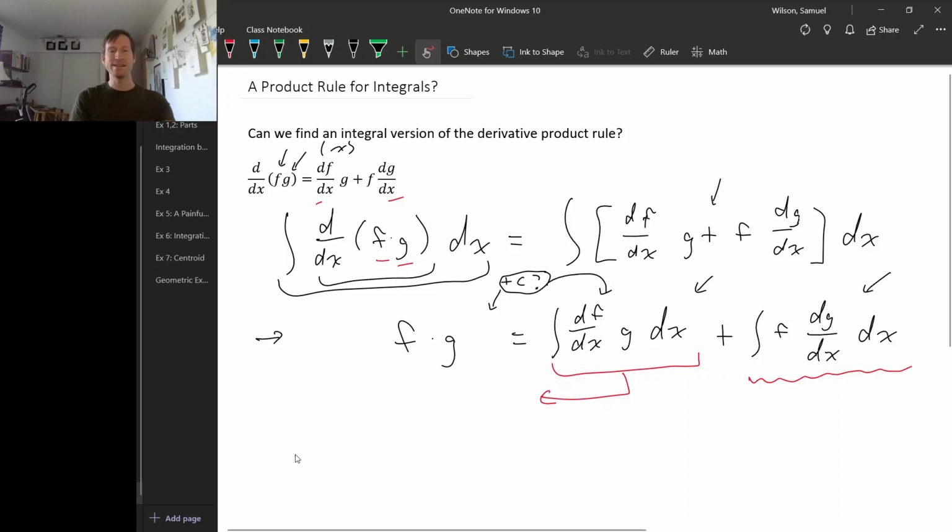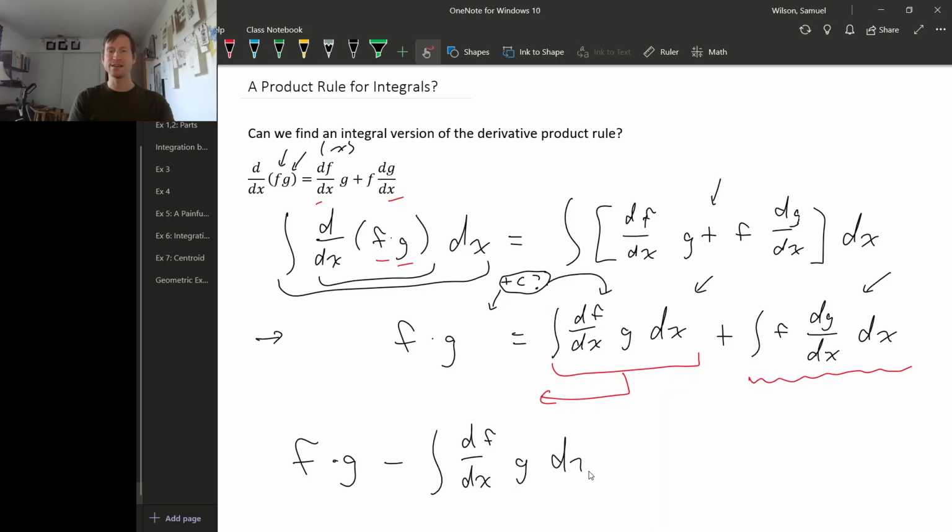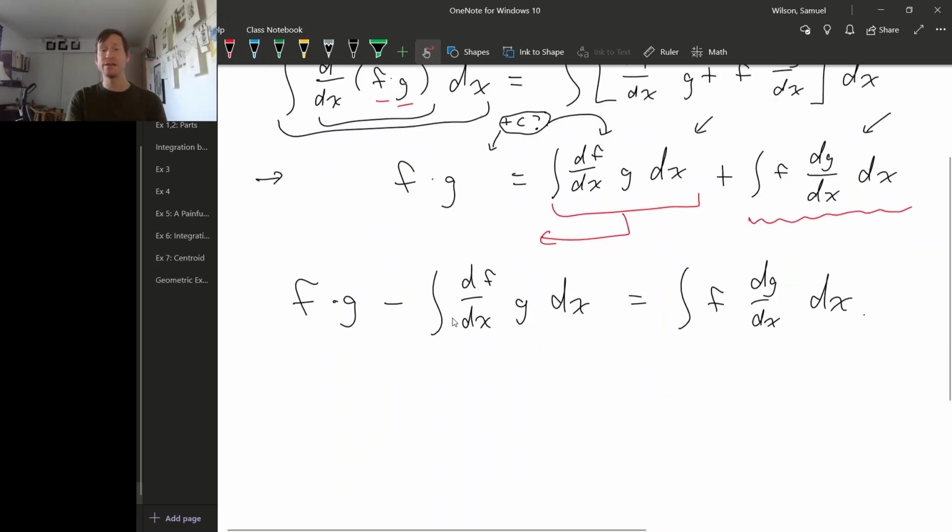And what we get is f times g minus the integral of df dx times g dx is equal to the integral of f dg dx times dx.